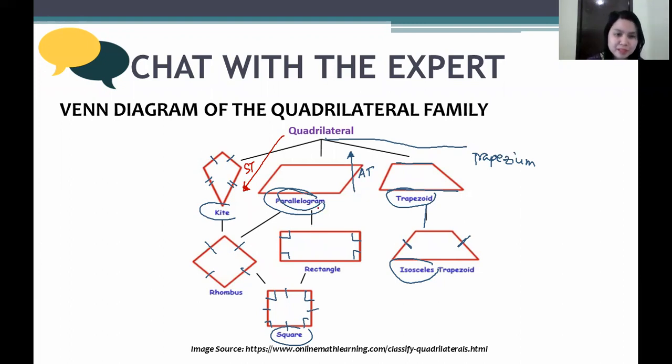Next one. A rhombus is a rectangle. Always true, sometimes true, never true.